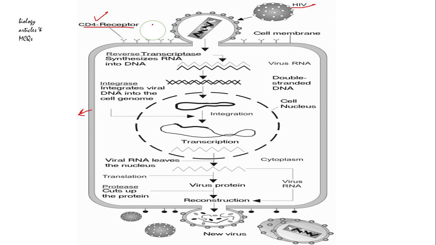So let's suppose that this is the HIV virus, and this virus will first attach to the specific sites, the CD4 receptors, on the white blood cells. So this is the first step: the attachment of the HIV virus to the CD4 receptors of human leukocytes.